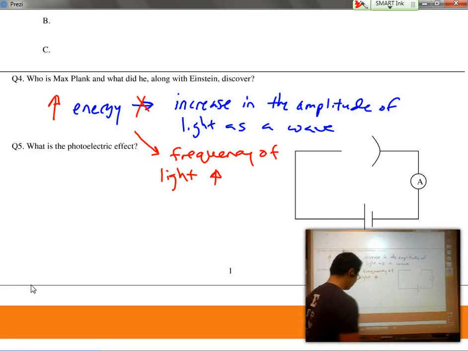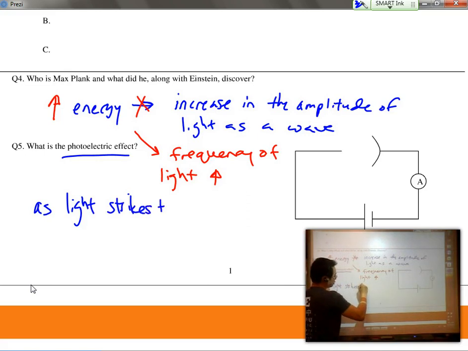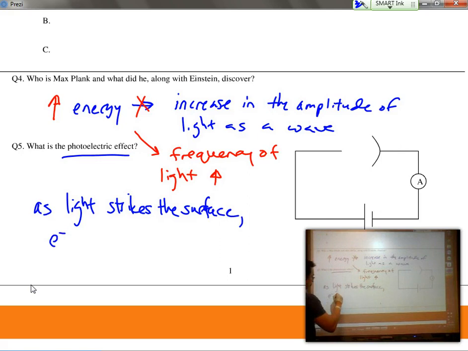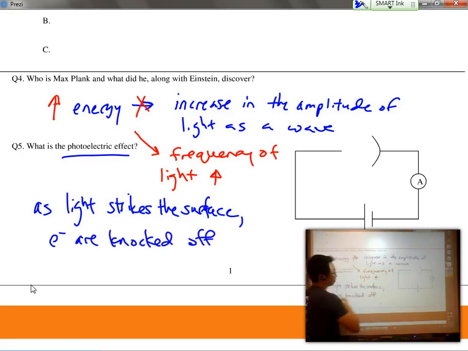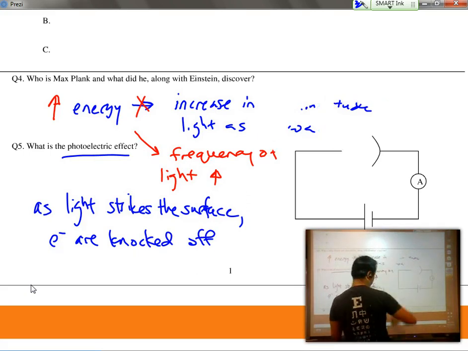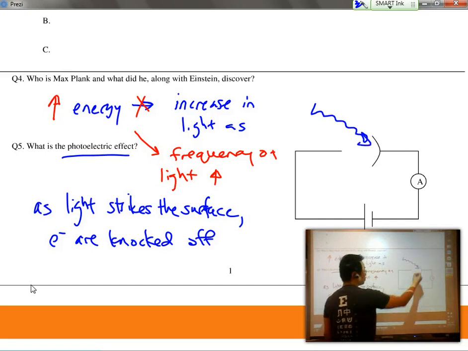Now, Einstein had a few issues with the photoelectric effect. The main issue being that, well, as light strikes the surface, electrons are knocked off, meaning that light strikes the surface, electrons literally jump off and they complete the circuit.